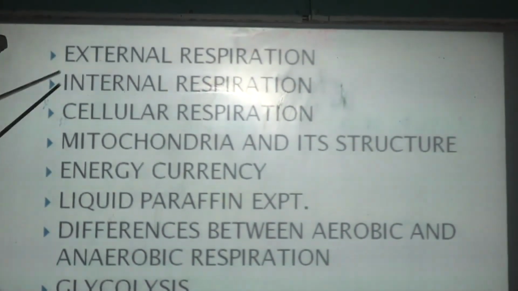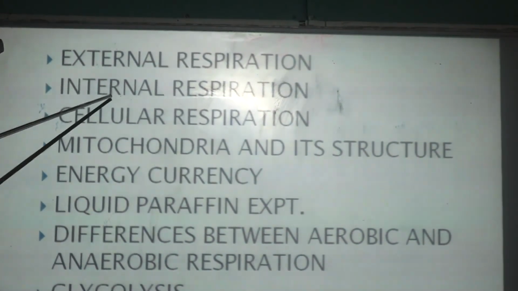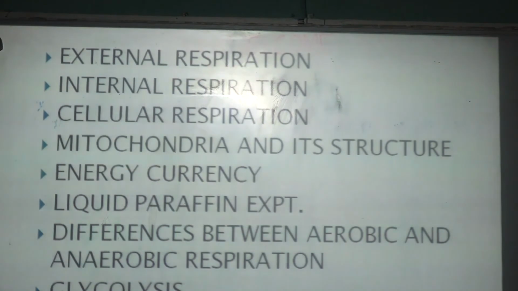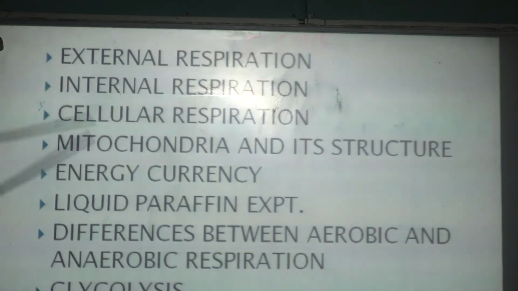And let me say what external respiration is and what internal respiration is. Here a little bit of confusion is there. External respiration means getting oxygen from the air outside through the respiratory tract, and the air stays in the lungs. Then what is internal respiration?